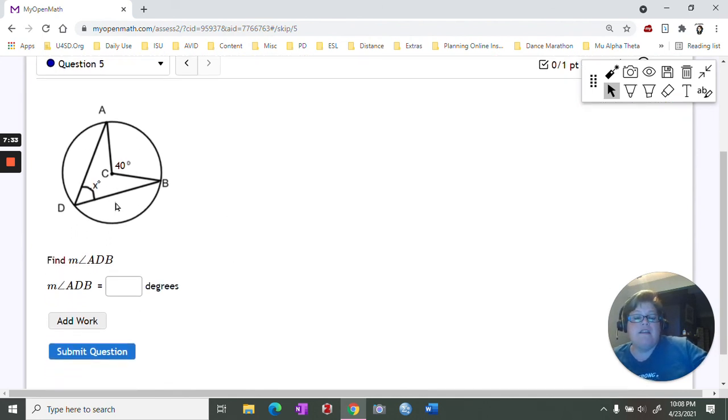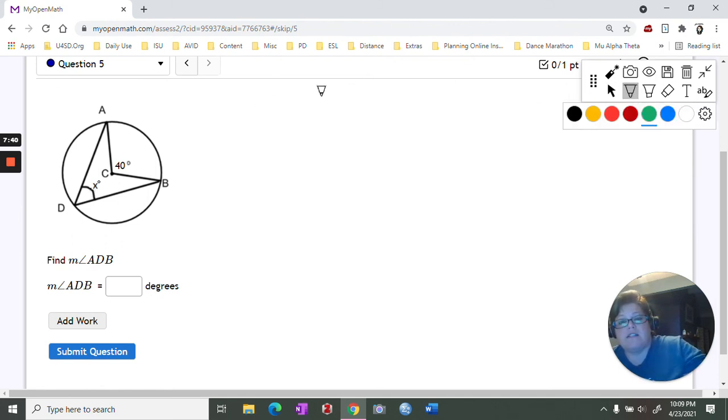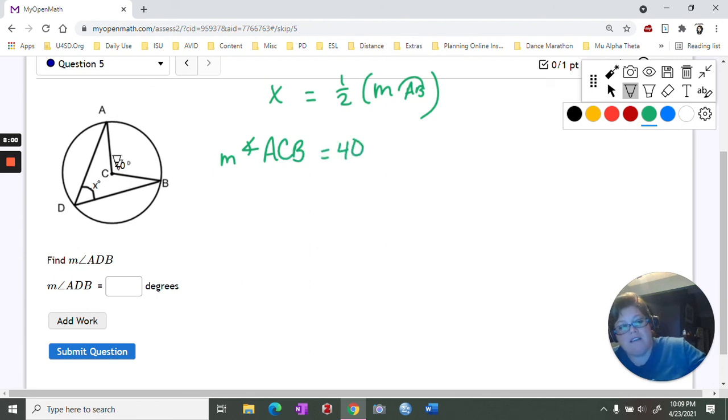This question here, this is our x. It is an inscribed angle. So I know that x will equal half the measure of arc AB because it's an inscribed angle. But we know the measure of angle ACB equals 40, and that's a central angle. Our central angle equals the measure of the arc.